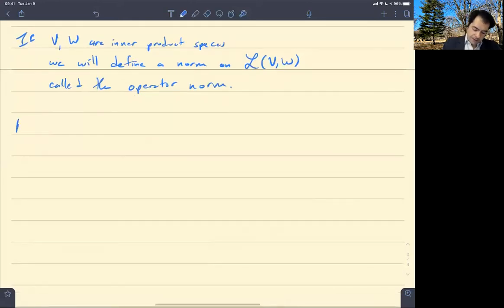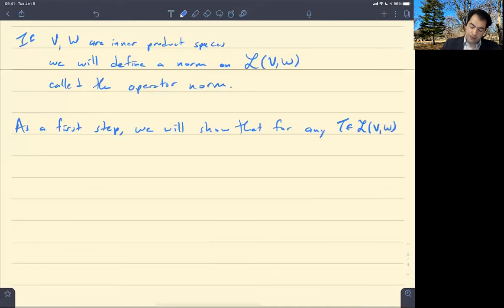As a first step, we will show that for any linear map T between V and W, the function that takes a vector and gives you back a real number, f of V equal to the length of T of V, is continuous.